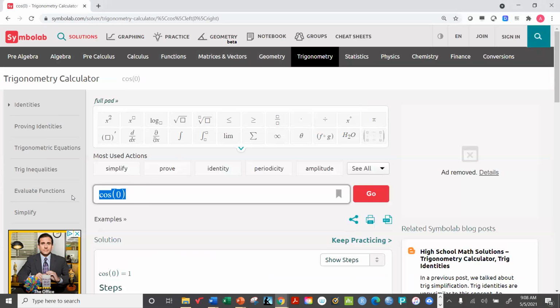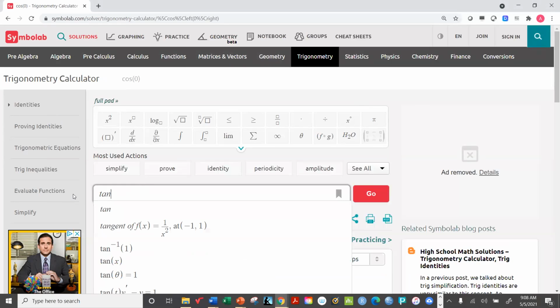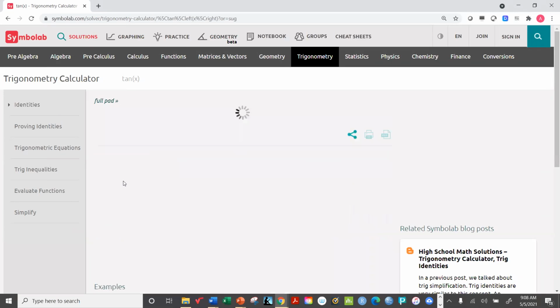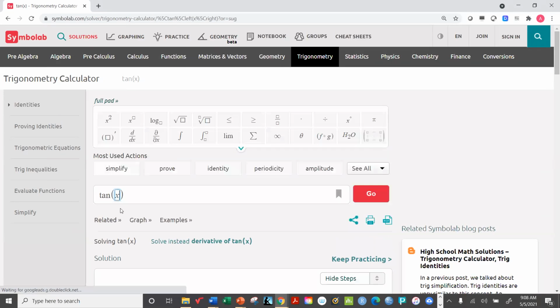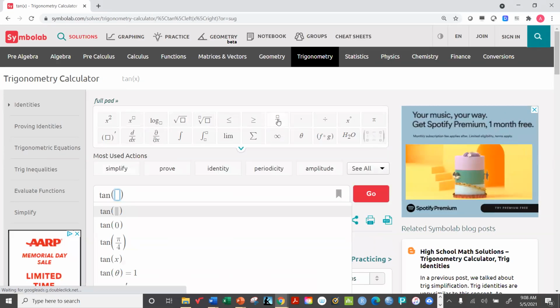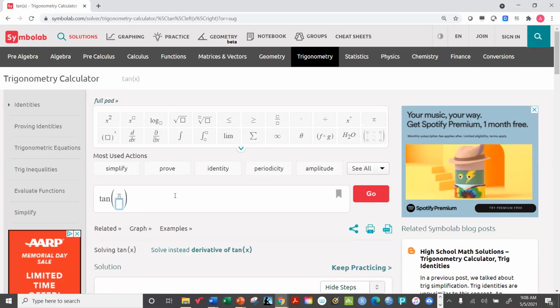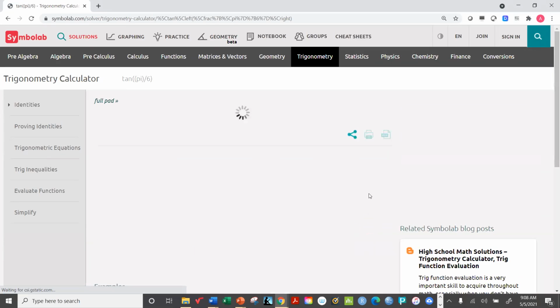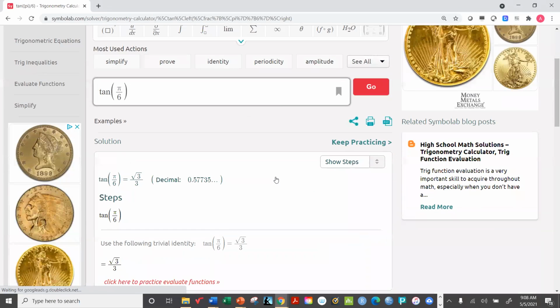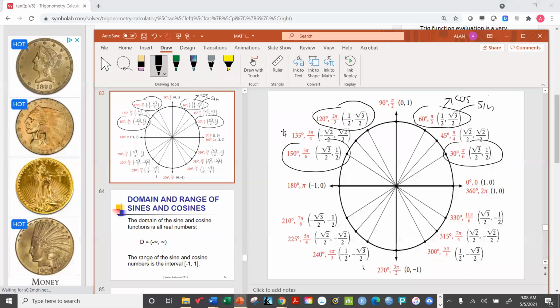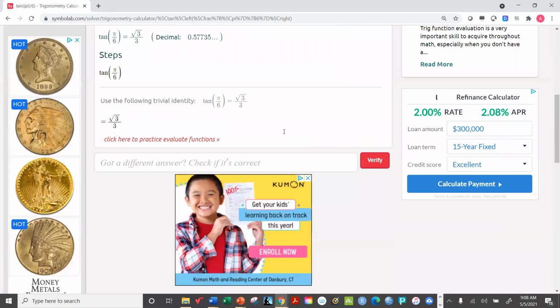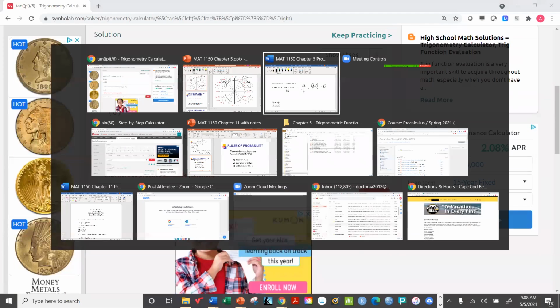So tangent, let's see if it's been giving me trouble here. Pi over 6. Oh, wait a minute now. What's going on here? It's saying that's pi.